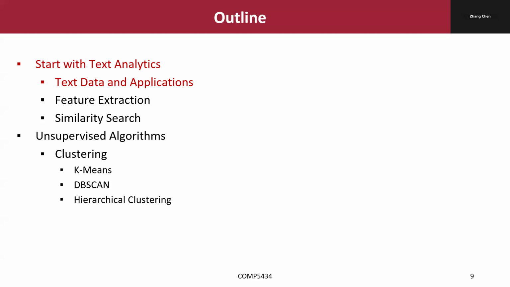Next we will have similarity search, a very important part from the technical perspective, which will allow us to find and compare texts based on their content. It can be used in many applications like document retrieval, recommendation systems, and search engines, for example. And we will also explore unsupervised algorithms, especially focusing on the clustering algorithms.